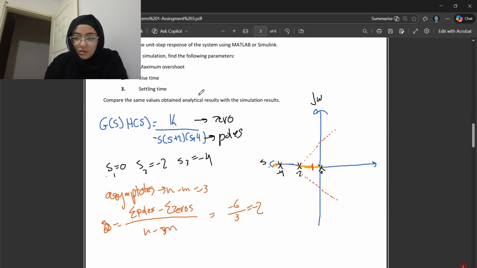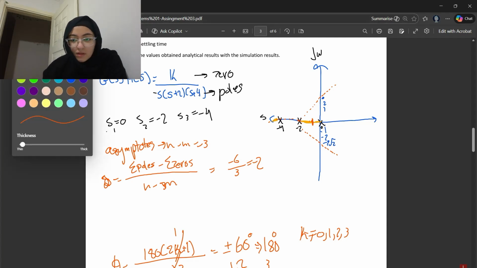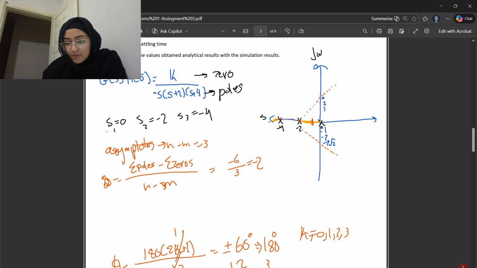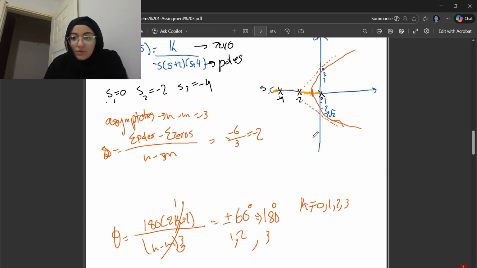Now let's put them here: 1, 2, minus 1, minus 2, and minus 2 root 2. Now we just need to draw it, from the breakaway point to the intersection, just like this. That is the root locus.